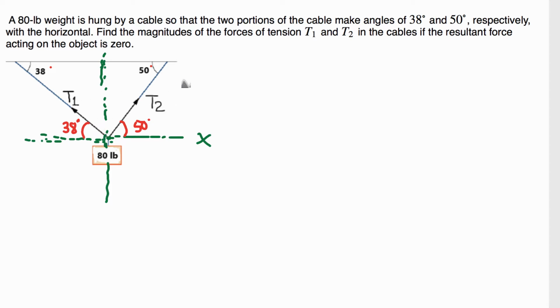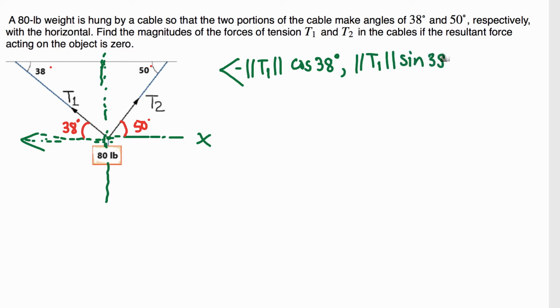That means for T1, let me write down the horizontal and vertical components in vector notation. For T1, cosine of 38 degrees, that's in this direction, negative x, so this is negative, comma T1 sine 38 degrees, that's in this up direction, which is positive.